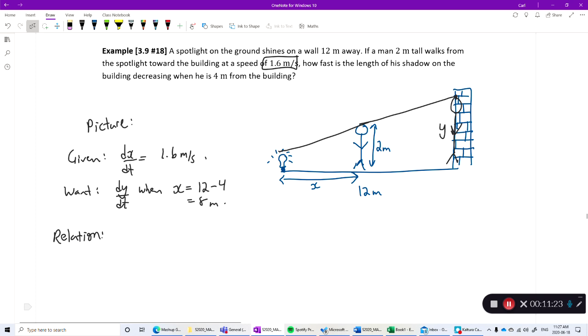And that's it. So now we can write the relation here. How do we relate x and y? Well, there's probably more than one way to do this, but one nice way is to use similar triangles.